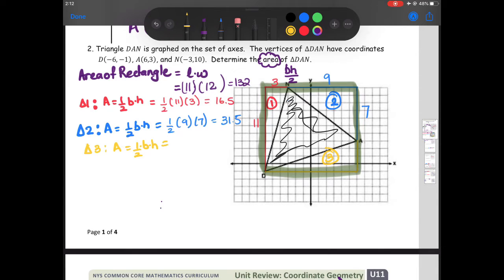This length is 12 and this is 4. All right, so it's 1/2 times base 12 times 4, which is 48 over 2, which is 24 square units. So you have your 3 triangles. If I add these up, I get what?